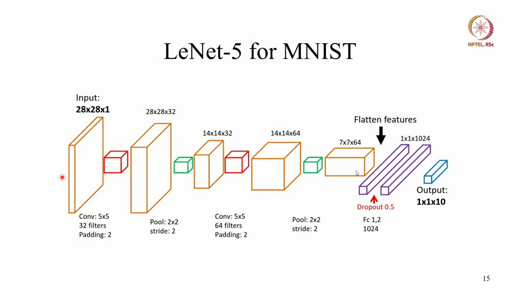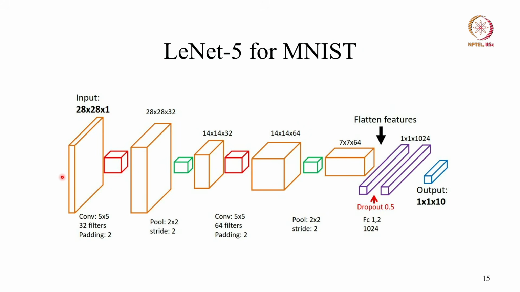So this one is actually flattened. After you flatten it, you use a dropout rate. By dropout rate, it means that out of all the values which you have in the flattened one, you are going to remove some of them randomly.